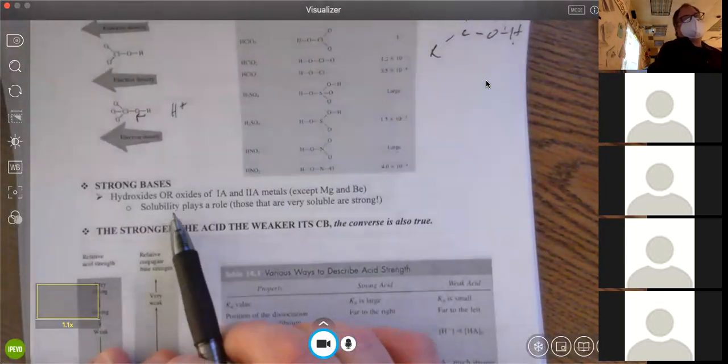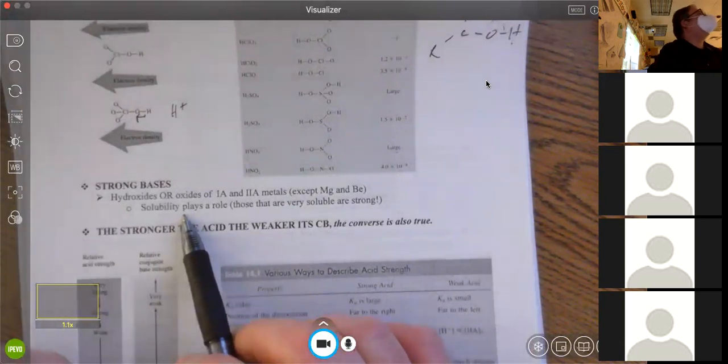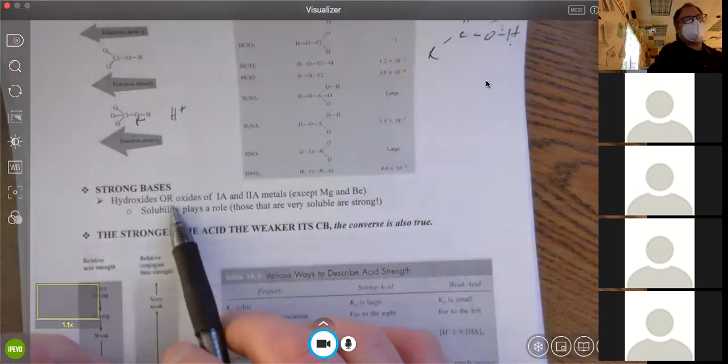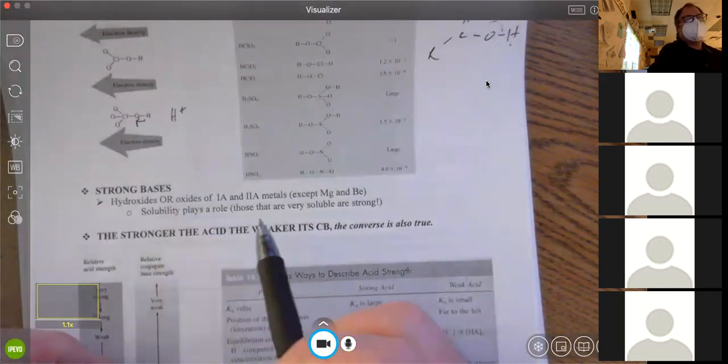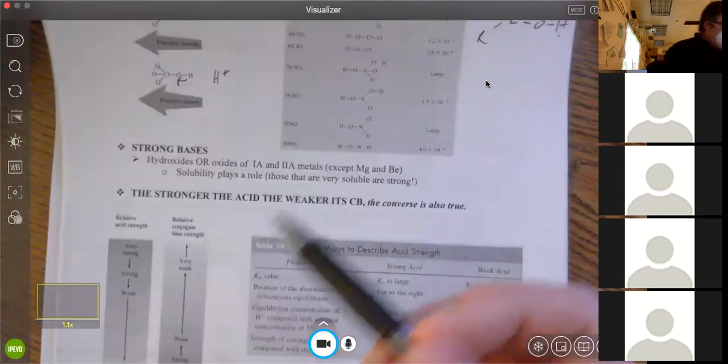Strong bases. So alkaline earth metals, except for magnesium and beryllium, are going to be strong bases whenever they're with hydroxide.